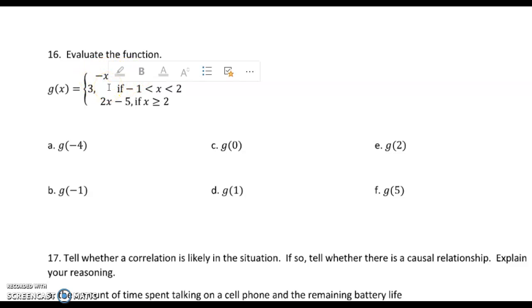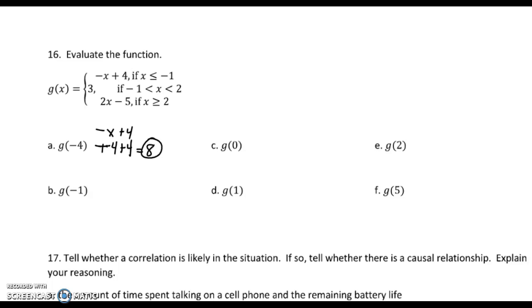So we're going to use this equation, and we're going to plug in -4 for the x value. So we're going to have negative, and the x is -4, plus 4. So I'm using -x plus 4. So -(-4) becomes +4, and 4 plus 4 is 8.